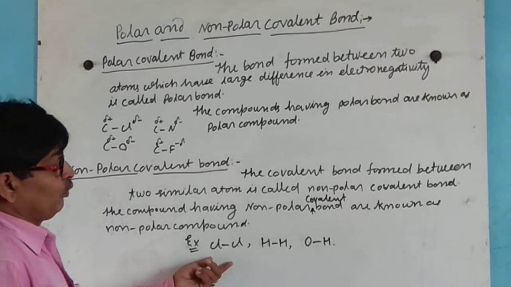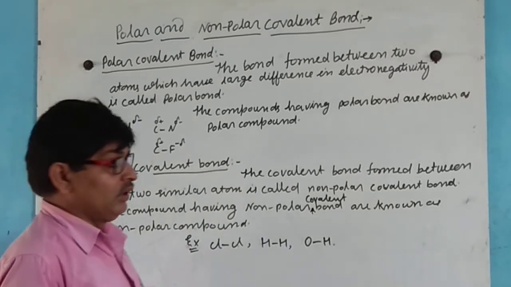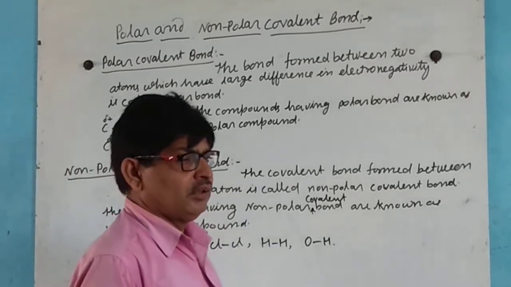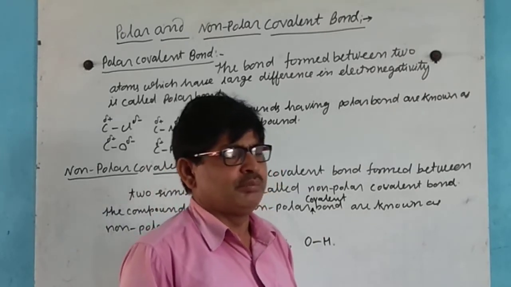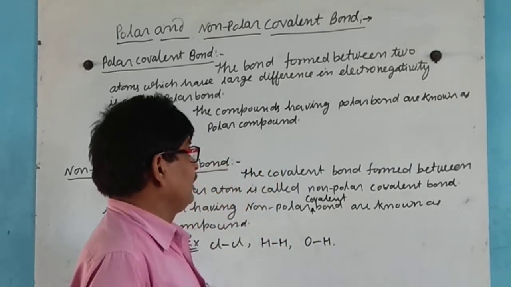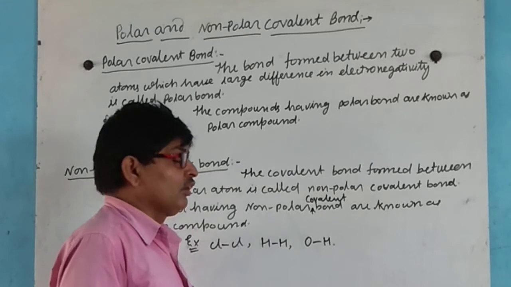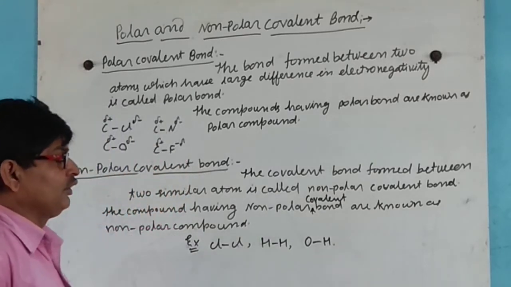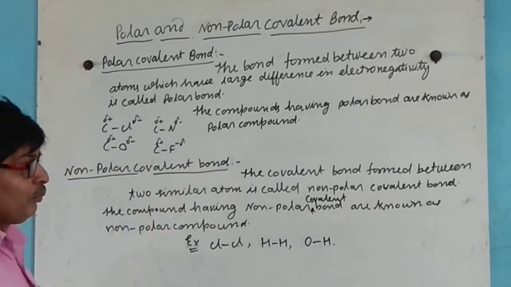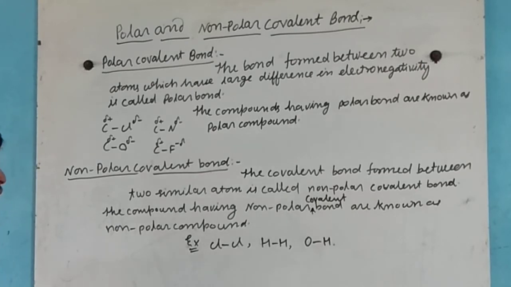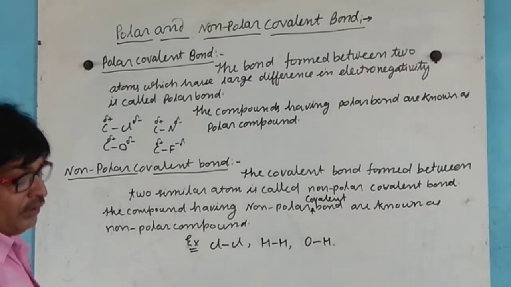For example, chlorine, hydrogen. In this case, there is a very small difference between the electronegativities, so it forms a non-polar bond.